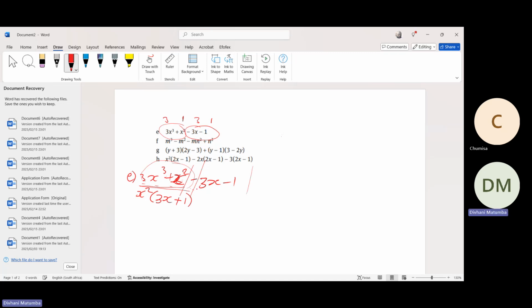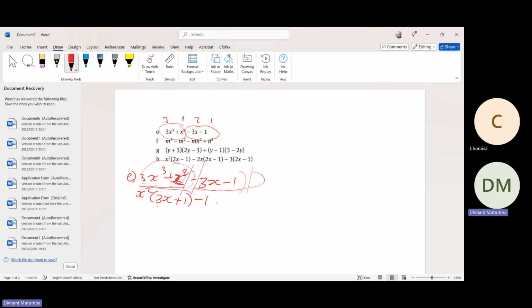Now we have minus 3x minus 1. The trick is, are we able to factor out something in such a way that we are left with 3x plus 1 when it comes to this expression? Do you think we can do it? And which factor can we take out so that we can be left with 3x plus 1 somewhere on this expression? Because that's what they are trying to do.